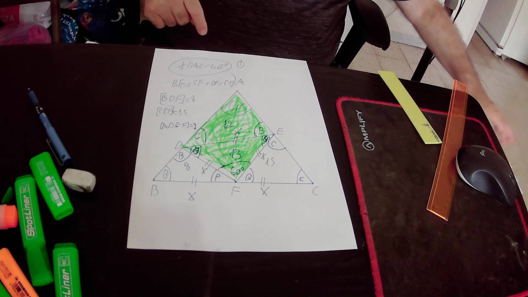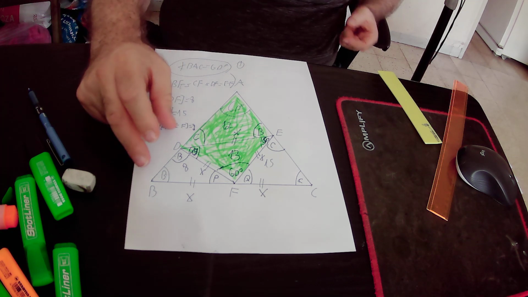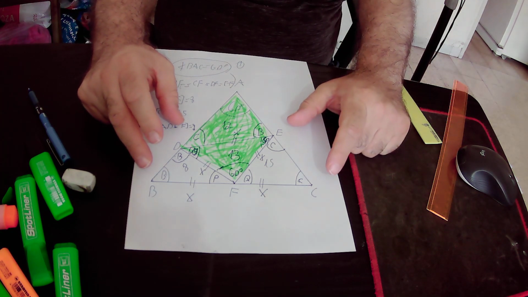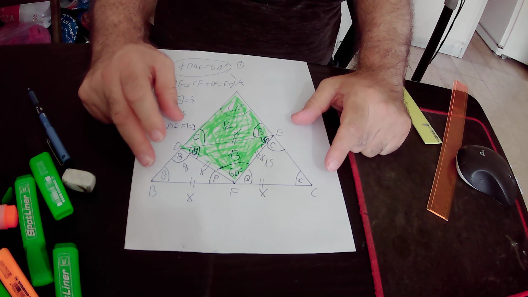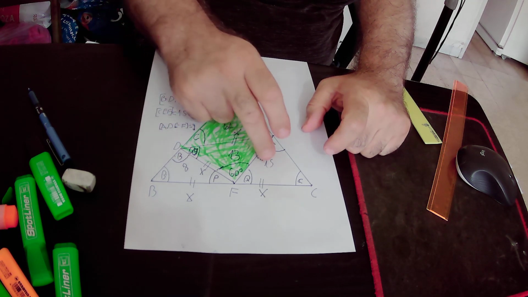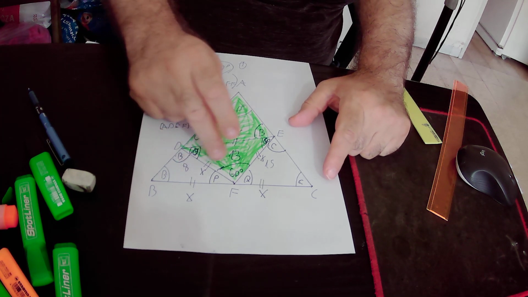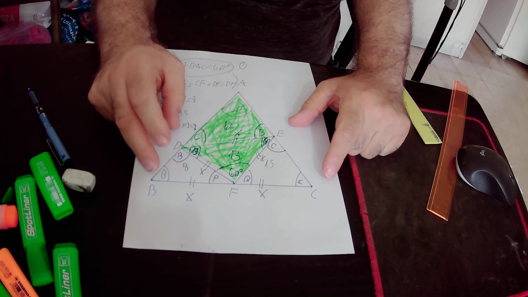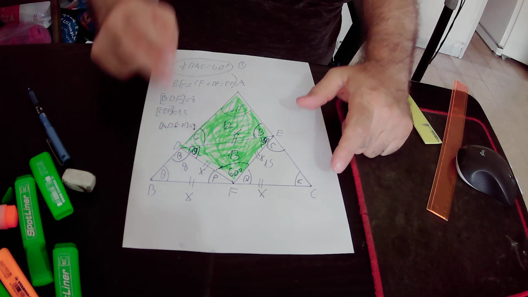Okay, but after we found the area of this equilateral triangle, we also know that the area of the quadrilateral DBEC equals 8 plus 13 plus 15, because this quadrilateral contains exactly those three triangles, and the sum of the areas of those three triangles equals exactly the area of the quadrilateral DBEC.